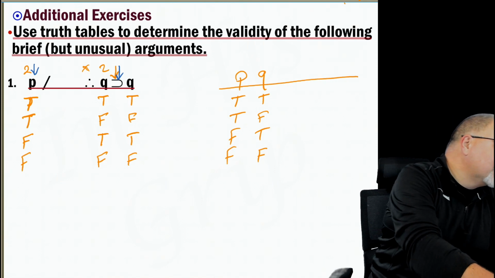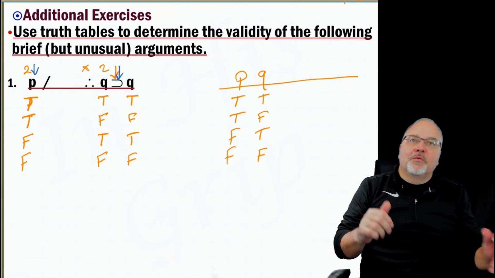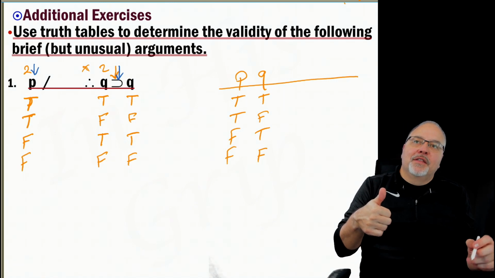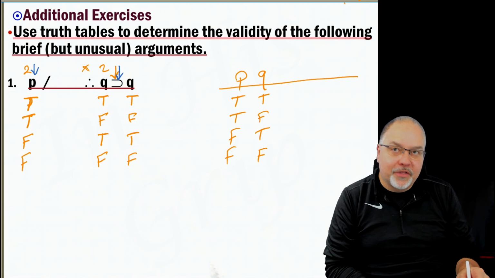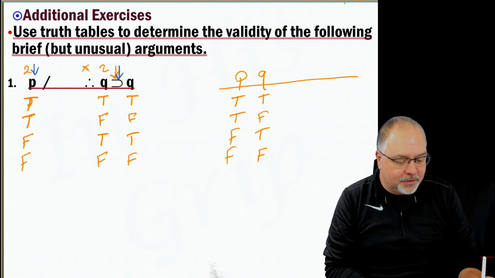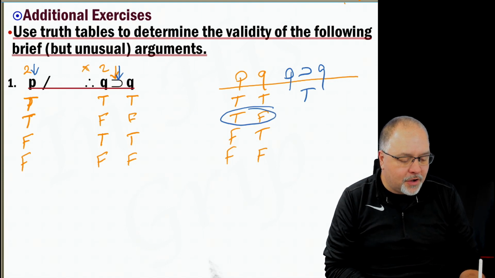You'll have to look at your chart, but remember that our rule of thumb is that only one line in conditional is false. With a conditional, if P, then Q, it's true, and only this one, because P is true and Q is false, is this false, right?